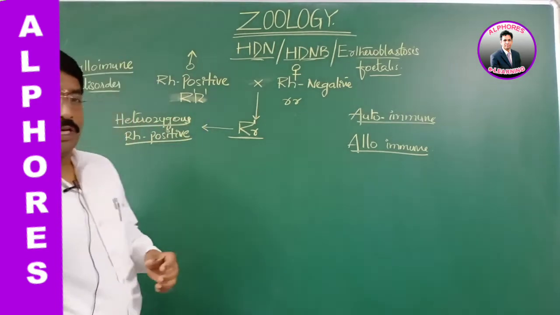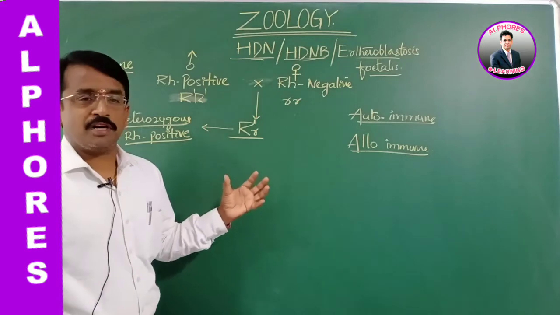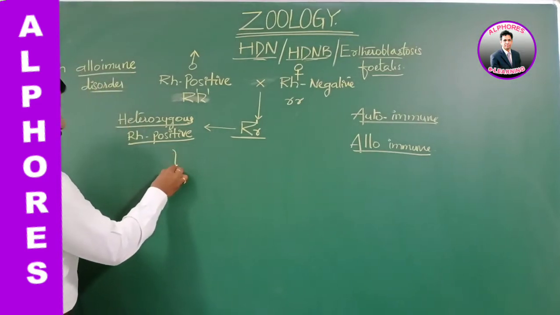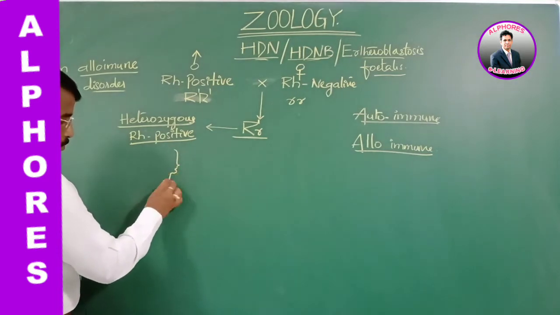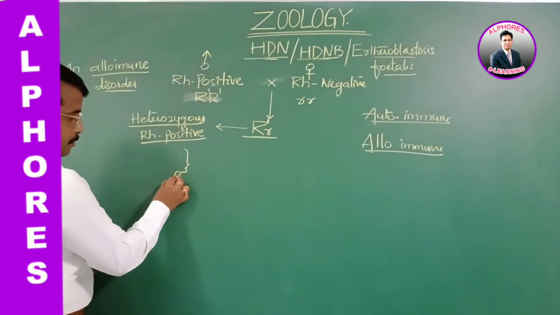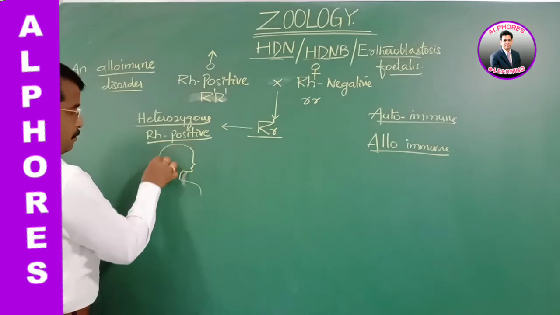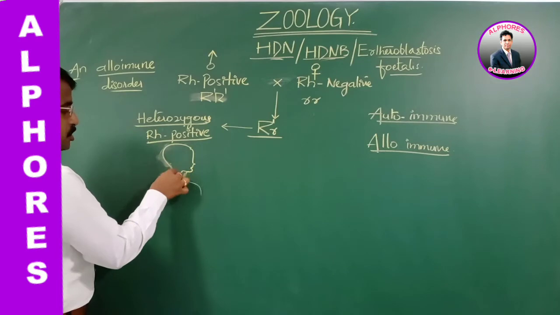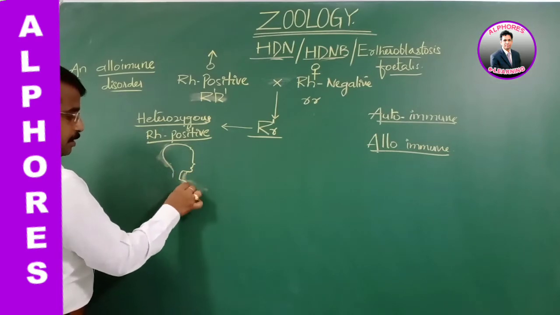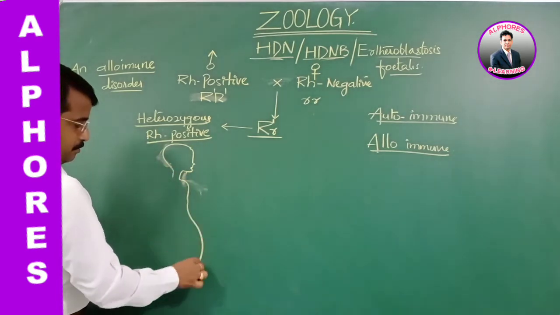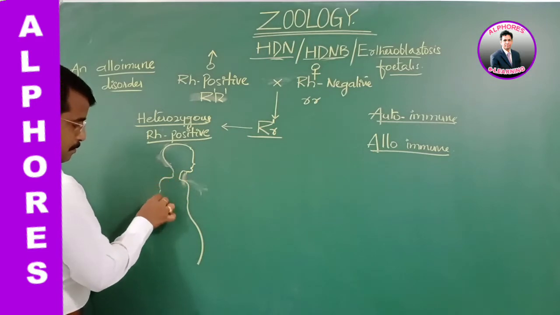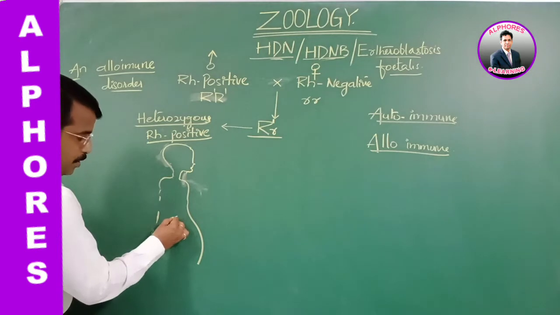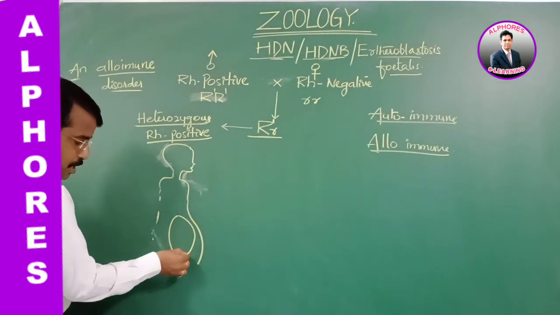Now this fetus is with the Rh antigens, and look at here, the woman is Rh negative, and generally the baby is growing in the mother.